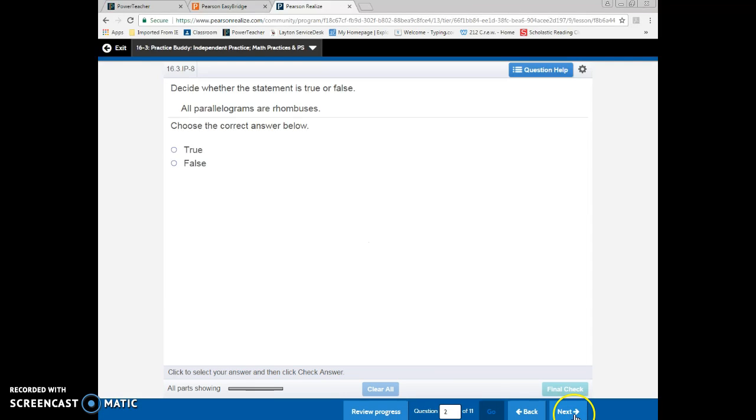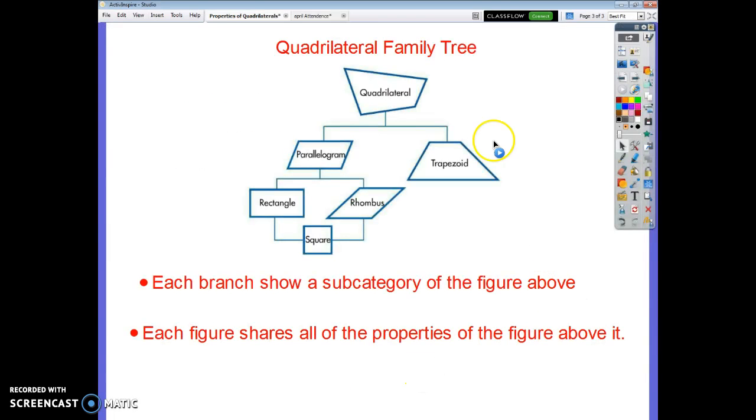Let's take a look at our next one. All parallelograms are rhombuses. So we're going to go back to our family tree. Here is our parallelogram. Here is our rhombus. Again, each branch shows a subcategory of the figure above it.